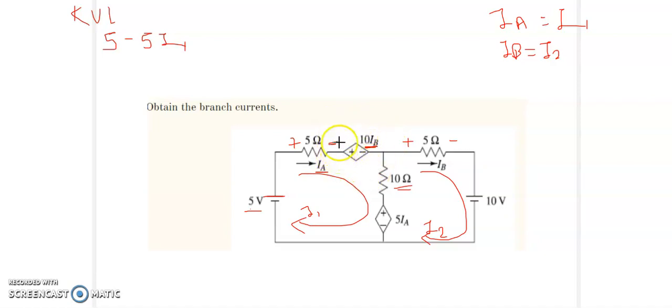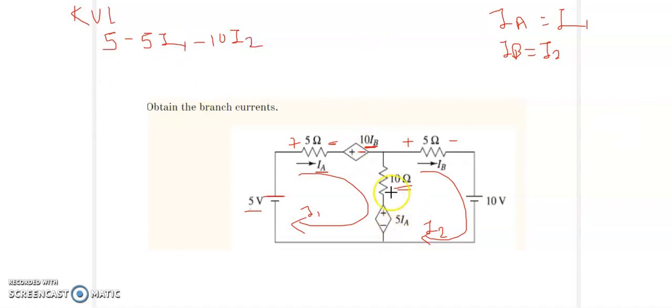That means the value of this voltage source is controlled by the current IB. Hence this is a current controlled voltage source. So writing the value of this voltage source, it will be minus 10 IB. For IB I can write I2.